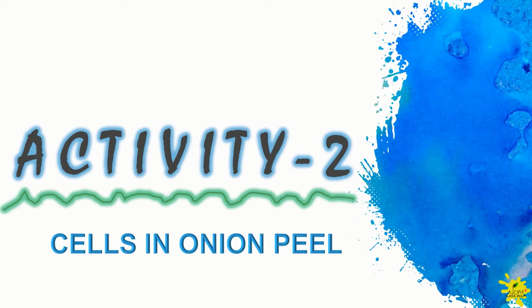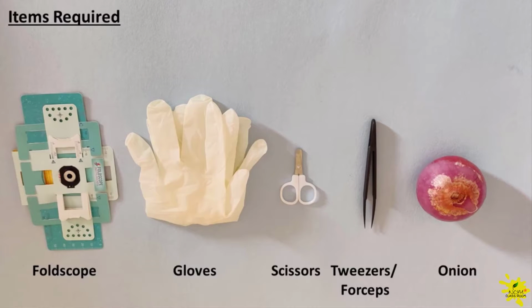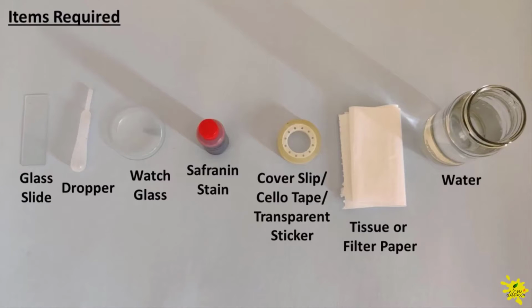Coming to activity 2, cells in onion peel. Items required to perform this activity: an onion, water, and saffron stain in watch glasses.